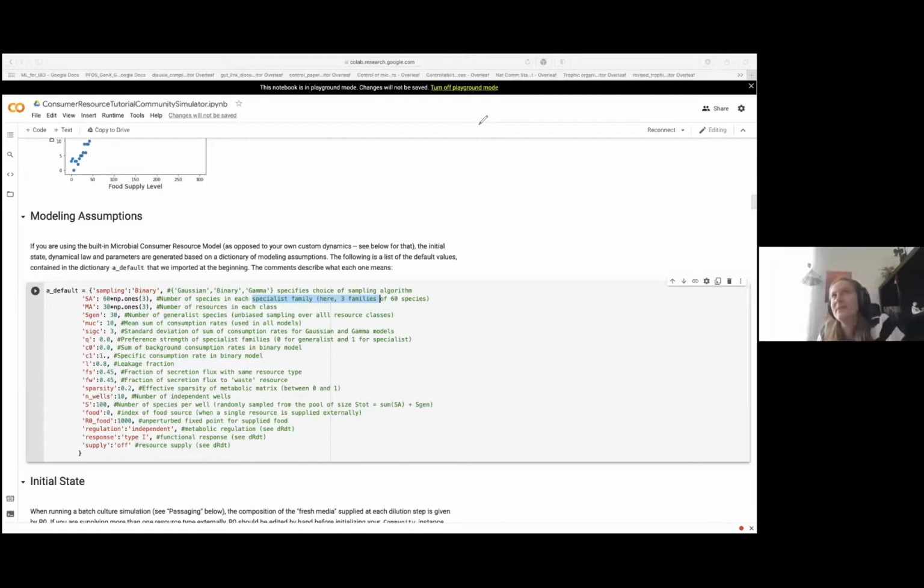So the sampling basically is the following thing: your species pool can be really large, right? And sometimes you might want to put subsets of species instead of putting everything from your species pool.